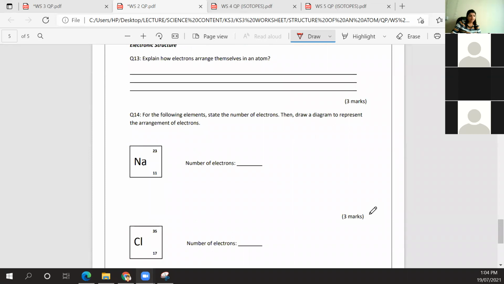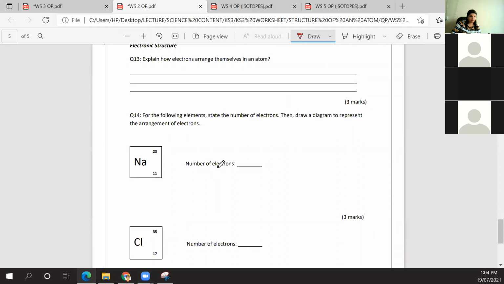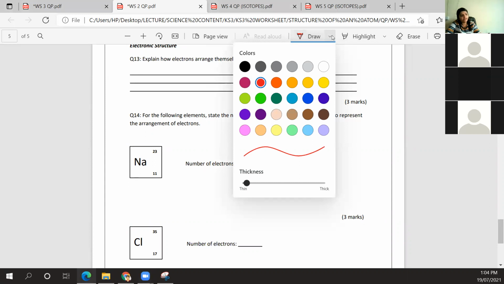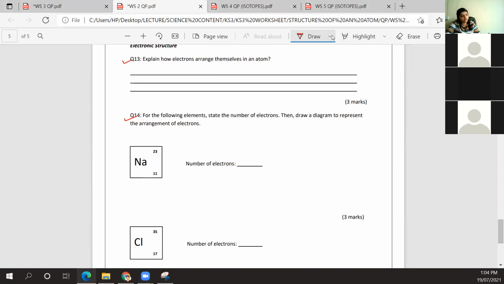Question number 13, 14. You also have to draw the orbital diagram, the number of electrons, and draw the diagram to represent them. Over here, you can also write the electronic configuration.